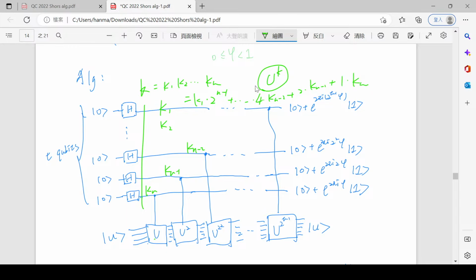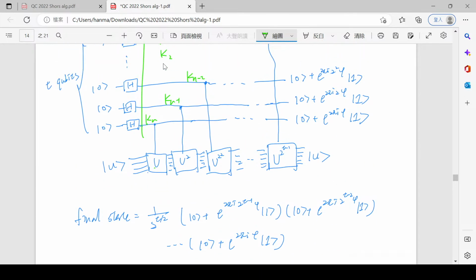So if you want to apply U k times, then you just apply it 1 times kn times, and 2 times k(n-1) times, and 4 times k(n-2) times, all the way to 2 to the n minus 1 times k1 times. Okay, and this is kind of why we say we want to apply those controlled U to some power j. Okay.